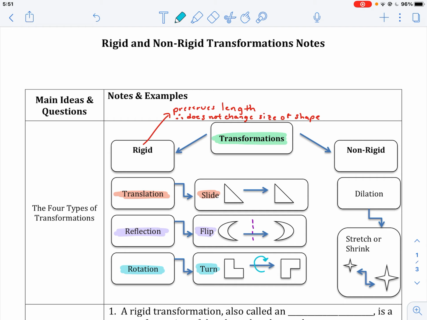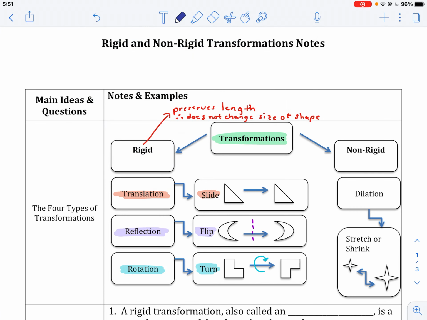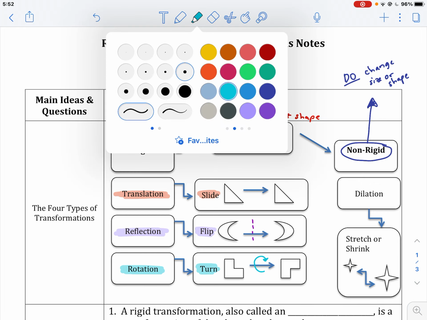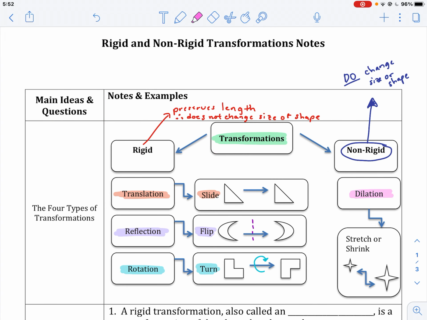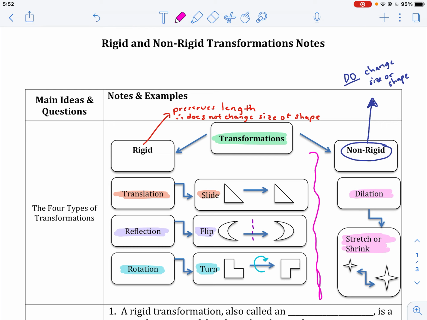Recently, we talked about dilations. Dilations are different in that they do change the size or shape. Just remembering this is separate over here.